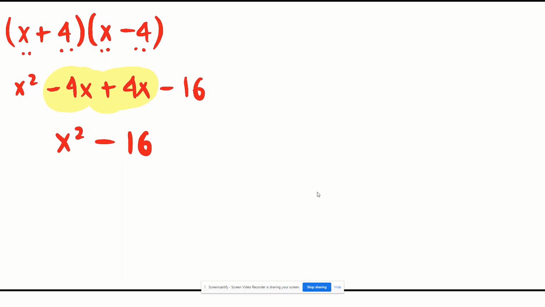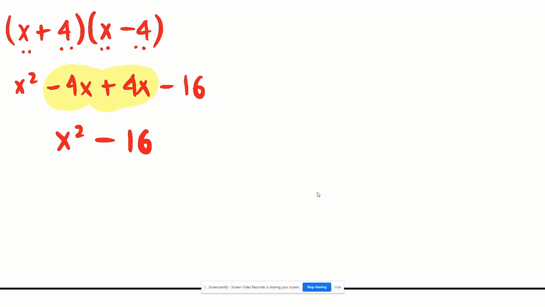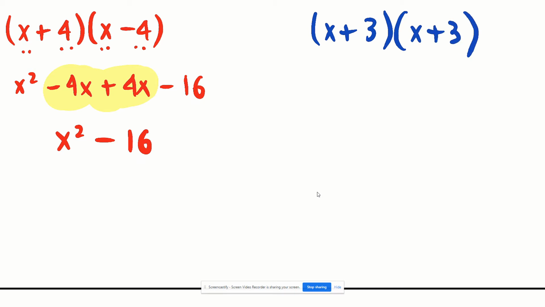Well, let me show you actually what we're going to be using today. Here, we're going to use a very similar concept, except I want you guys to notice my signs aren't opposite. They're the same. So I have x plus 3 times x plus 3, okay? So here's what happens on a problem like this.